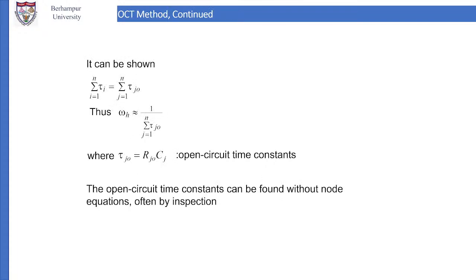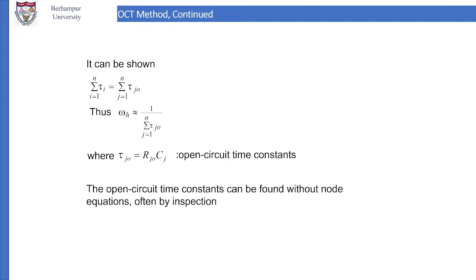Now that we can rewrite as the summation of tau i from i equal to 1 to n. Let us rewrite that as the summation from j equal to 1 to n of tau j0. So if we do that, then omega h is approximately equal to 1 upon the summation over j equal to 1 to n of tau j0.